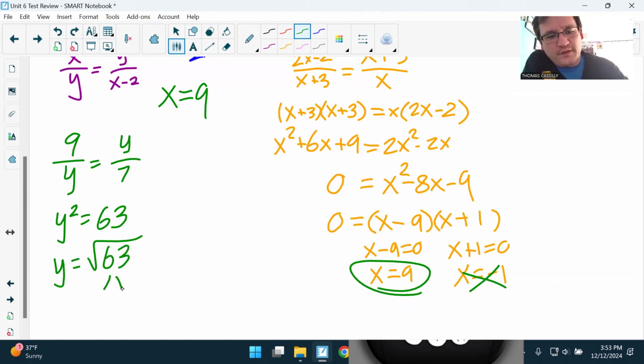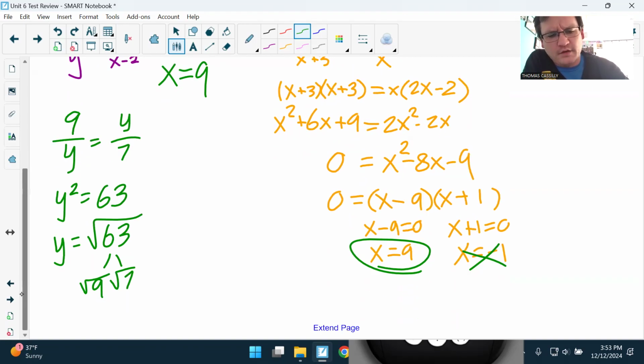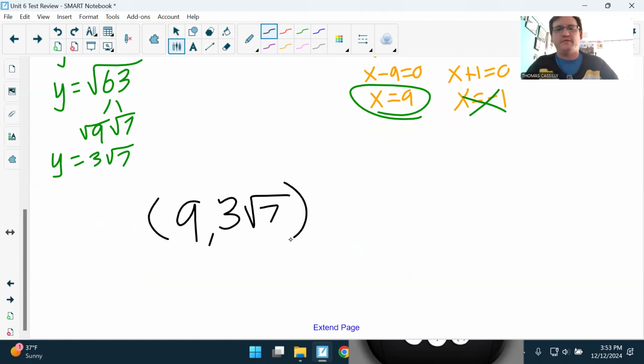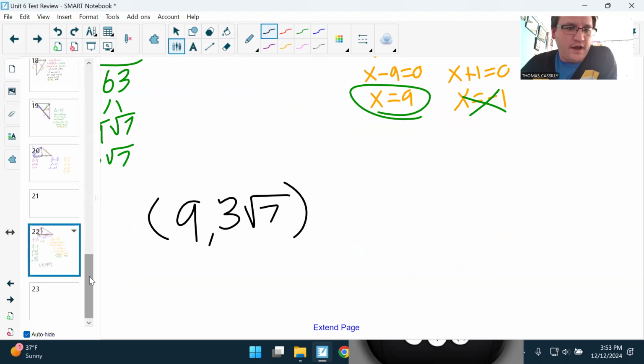We can, of course, break that down into the square root of 9 and the square root of 7. So y equals 3 square root of 7. Since this is a system, why don't we write our answer as an ordered pair? We have 9 and then 3 square root of 7, just like that. That is the last problem on our review.